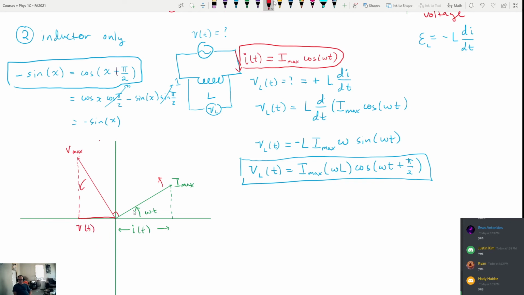Because the voltage as a function of time should be the cosine of the angle omega t plus, here's the pi over 2 right here, right? So omega t plus pi over 2, then this is going to give you the voltage when you take the cosine of that.